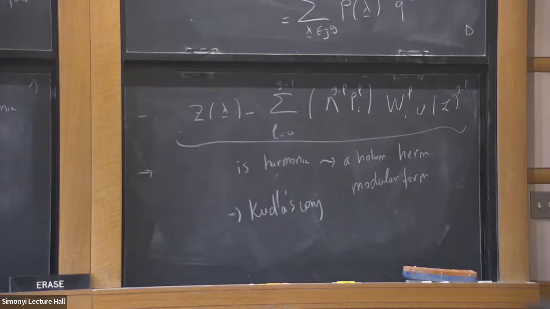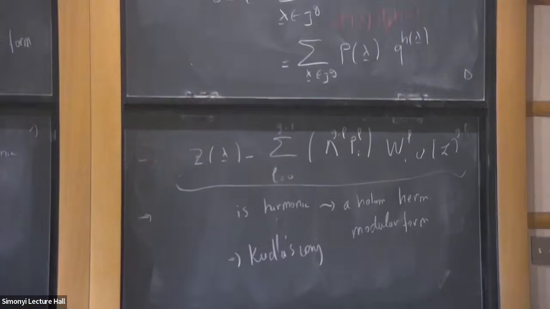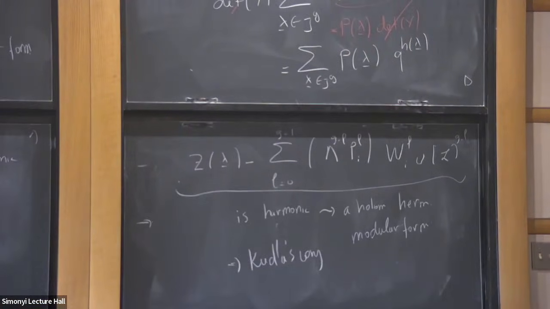It has a map to the space of non-holomorphic modular forms. And so the direct sum has an SL2 action, and I think Shimura defines an SL2 action on this space of non-holomorphic modular forms. And I think my conjecture is that it intertwines these two actions, but I cannot prove it yet.